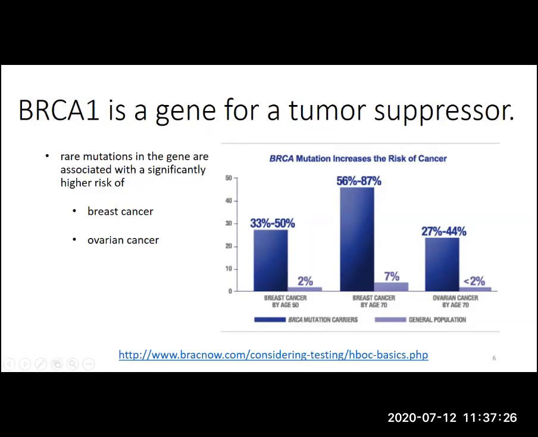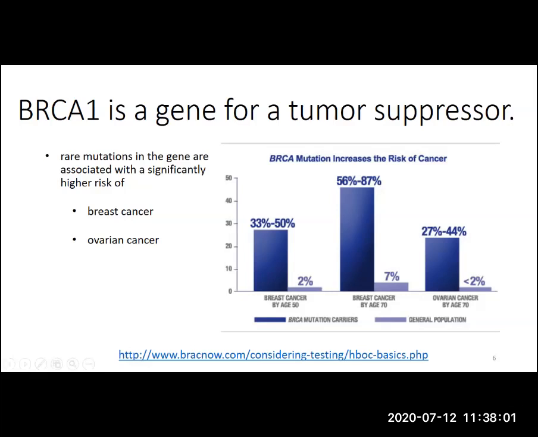What we can see is breast cancer by age 50: the people that have the mutation are at much higher risk. Breast cancer by 70, it's a huge, huge risk. So again, age is a factor. Going from 50 to 70, the general population sees an increase in breast cancer as well. But we can see that if you've got this defect, this incorrect information, so you're not getting the right tumor suppressor, you're not getting the right molecules within your body to attack the tumor before it develops, you're going to start to see the development of tumors.